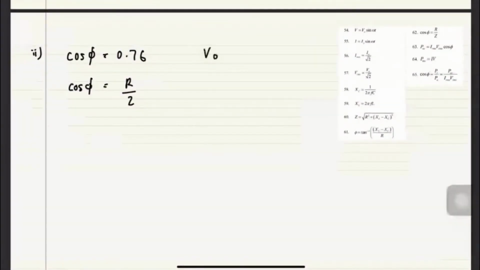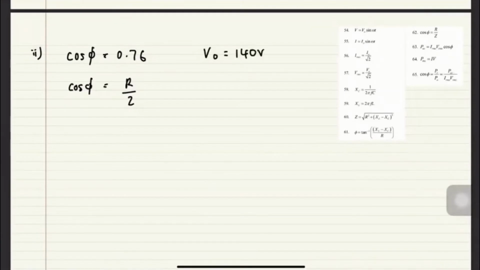So V0 equals 140 volt. From V0, I can straight away find my VRMS. Okay. My VRMS is equal to 140 divided by square root of 2. So this one is 98.99. Okay.